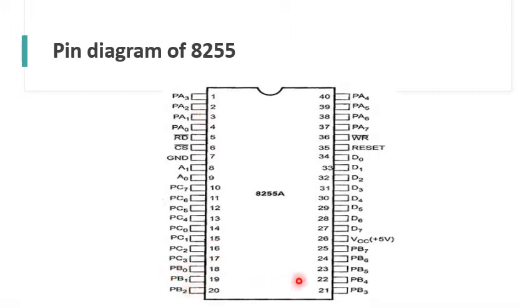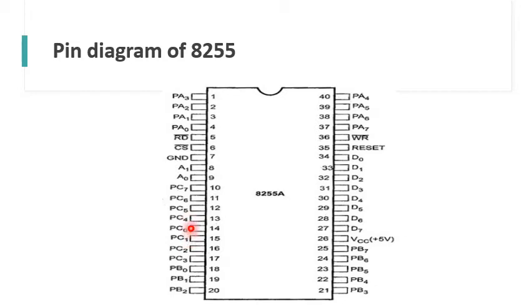PB0 to PB7. These 8 pins are bidirectional I/O pins used to send data to an output device and to receive data from an input device. Coming to the pins PC0 to PC7, these 8 pins are divided into 4 pins, that is PC0 to PC3.